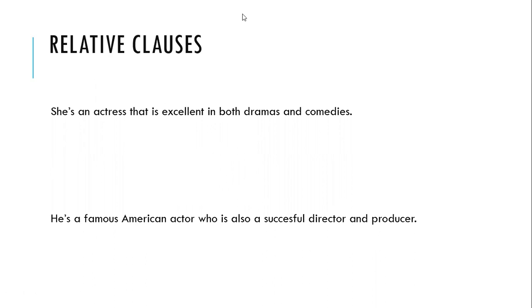The first one is going to be in red, which is the main clause. The second ingredient, the second part, is the relative pronoun. I'm going to change the color. It's going to be yellow.